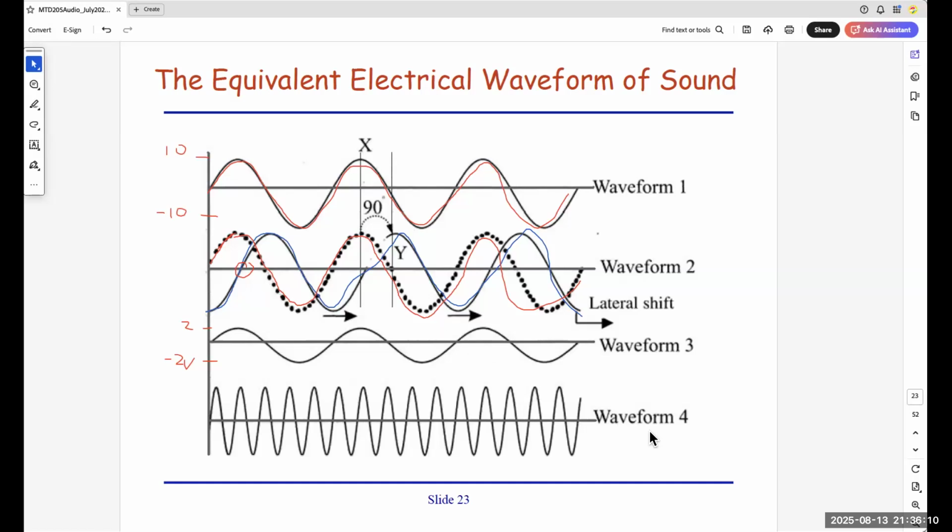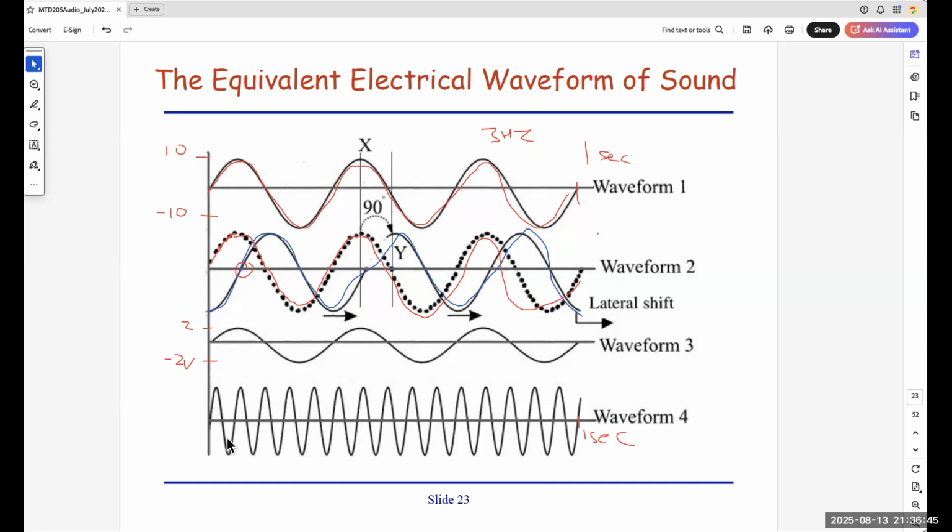Then waveform 4 is slightly different. The frequency is faster. If you take this as 1 second, you can see that the hertz is higher. This one has 1 cycle, 2 cycles, 3 cycles. This one is 3 hertz because within 1 second, there are only 3 cycles.